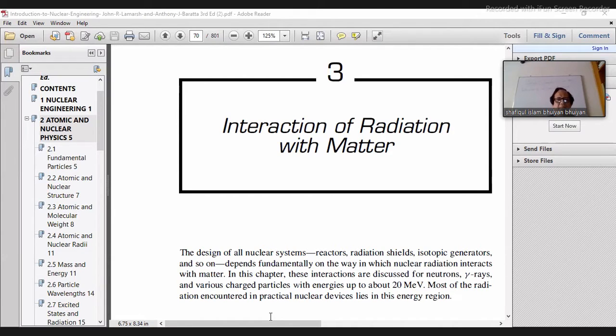So these have a definite range. This is the basic difference between charged particle interaction and uncharged particle interaction. For uncharged particles, it's an exponential function. And for charged particles, it has a definite range and definite energy. If you put the same thickness, then 100% of the charged particles will be stopped. 100%.